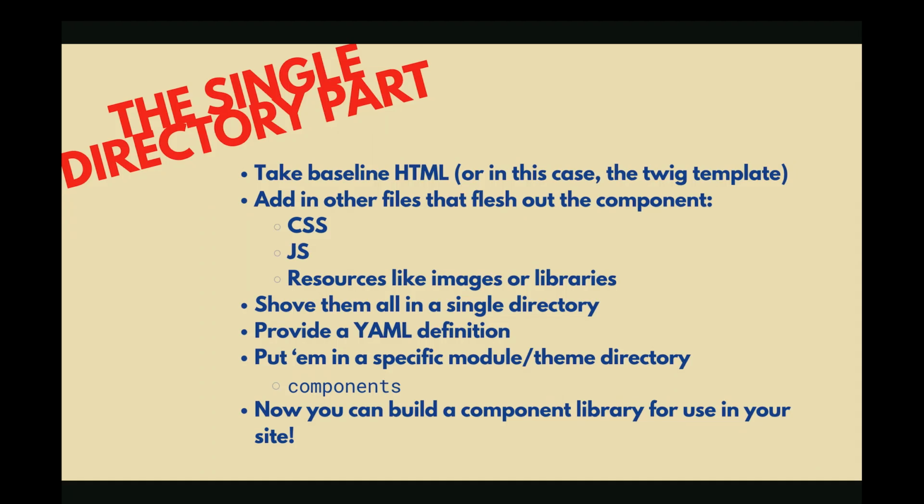We'll go through a little bit of that in just a minute here. Then you put them in a specific module or theme directory. Slash components in any module or theme that you're constructing. So just look for that directory and you'll find folders of single directory components on existing themes more than likely, and modules moving forward. And now you can build a component library for use in your site.